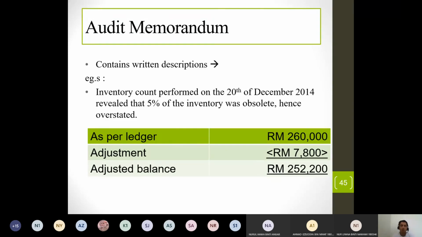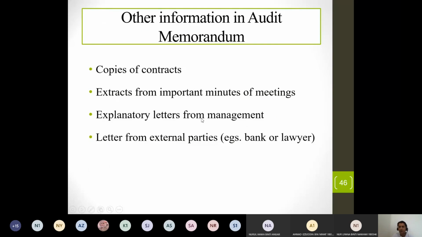So we describe what we find. That is what we call audit memorandum. We describe the findings of the audit, so we describe why we reduced by 5%. It is due to the inventory being overstated by 5%.